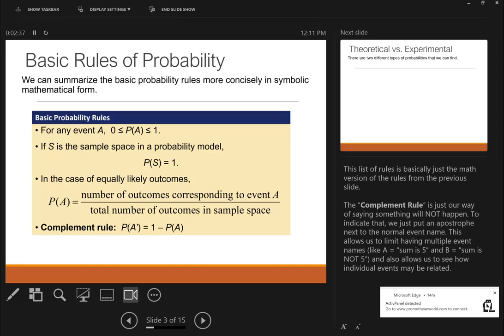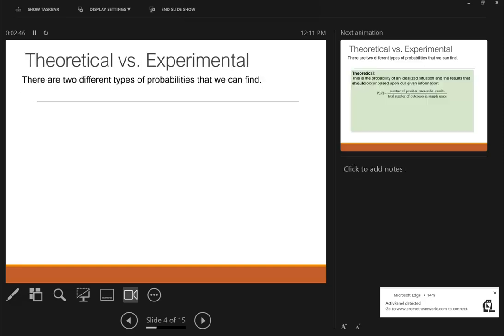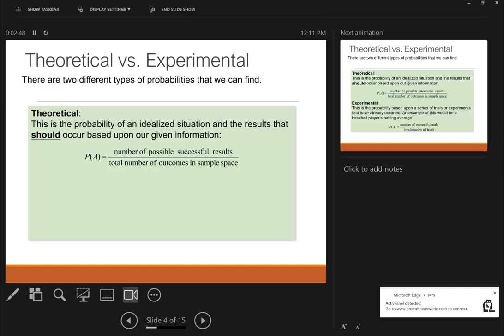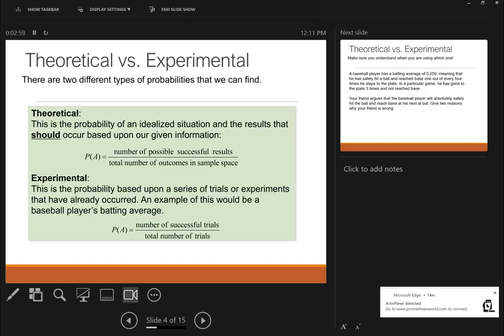And the complement rule, that's the fourth bullet. Just a symbolic version of all of these things. All right, when we talk about probabilities, one way to sort them is into 2 categories. There's theoretical and experimental, right?